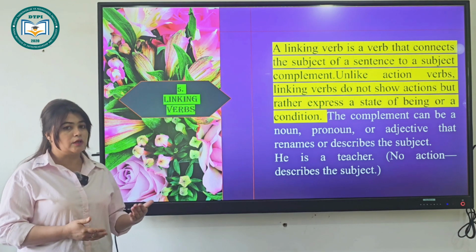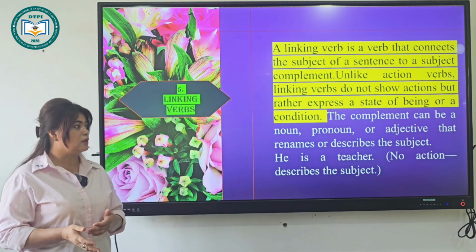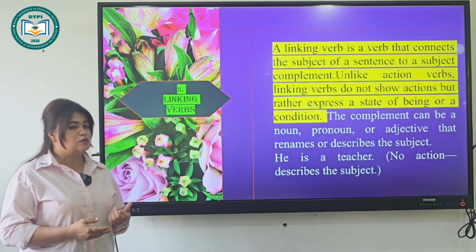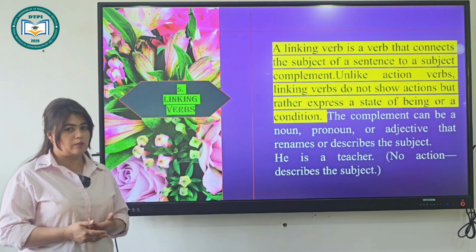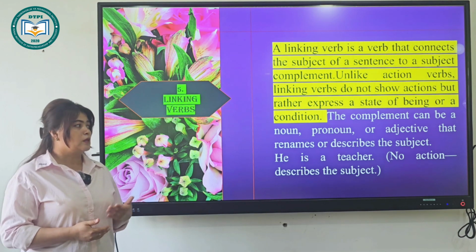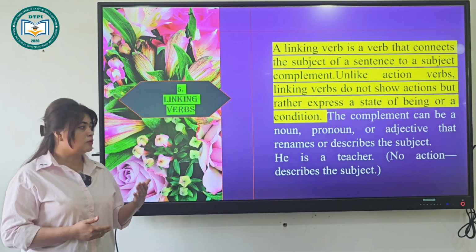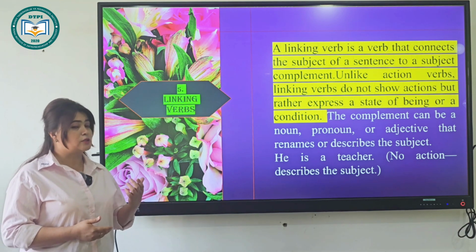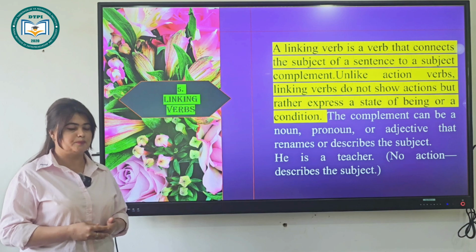They can rename or describe the subject. For example, he is a teacher. Here, a teacher is a subject complement. Here is a linking verb. Here, the verb is connecting the subject complement teacher to the subject he.